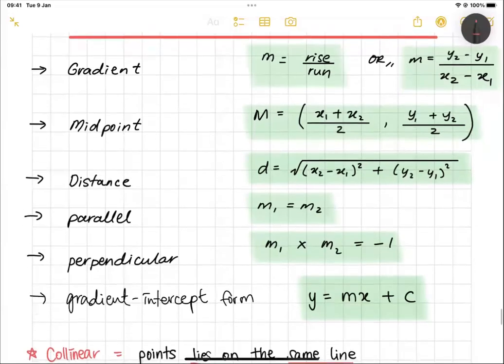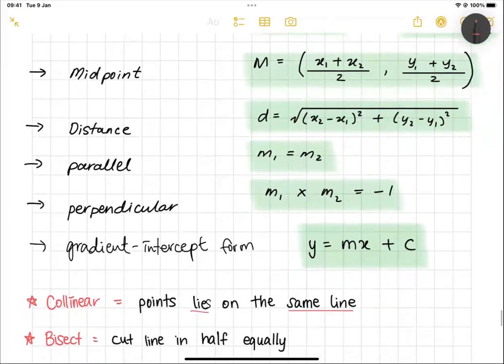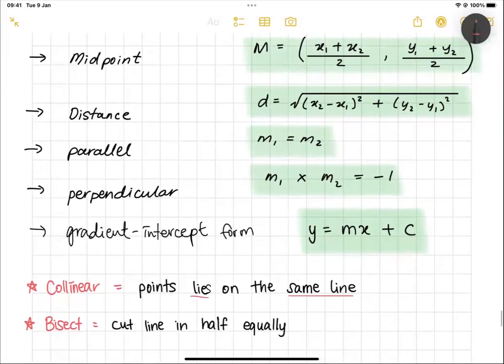Now, with coordinate geometry, there are many words that we need to know, but two words that are really key are collinear and bisect. Collinear basically means that multiple points lie on the exact same line. If you get given a question where it says, I've got these points, show me if they lie on the exact same line, you use the gradient intercept form and the gradient formula first.